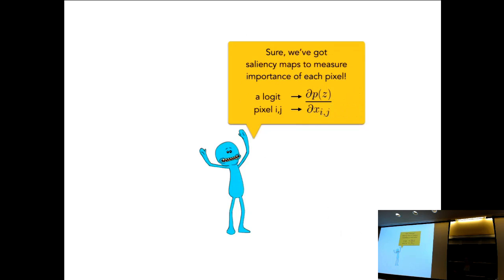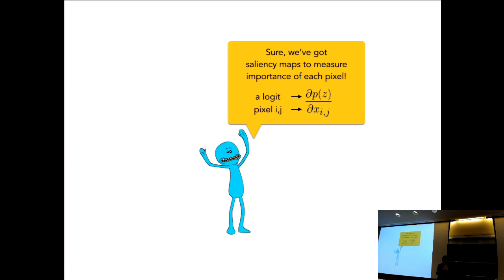Before we talk about this new method, let's take a look at an existing method. Who is familiar with saliency maps? Some folks. Great. I'll explain in the next couple of slides. It's pretty simple. A saliency map is an interpretability method for typically image-based networks.